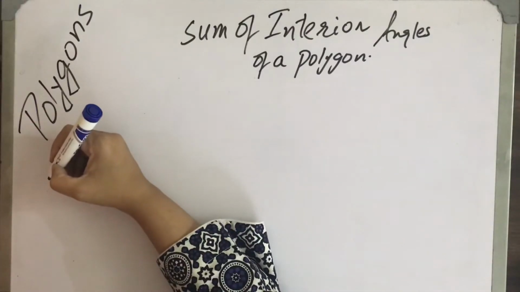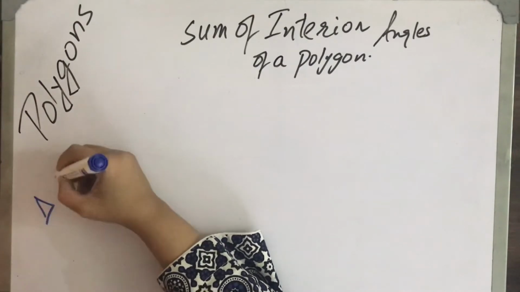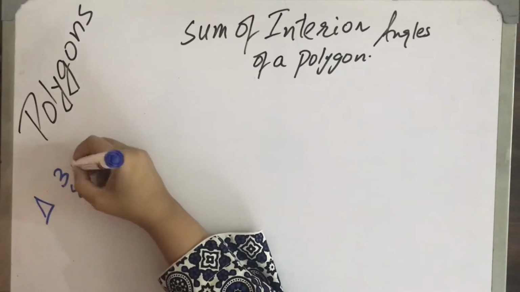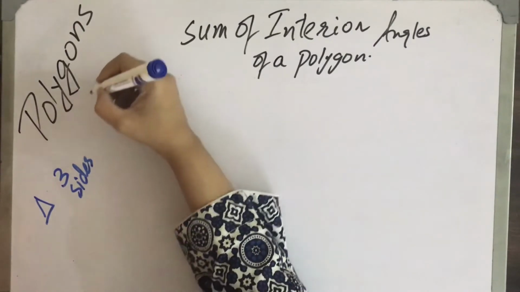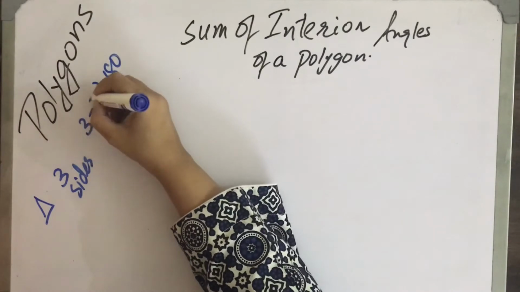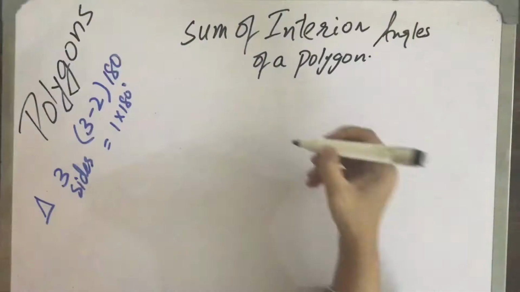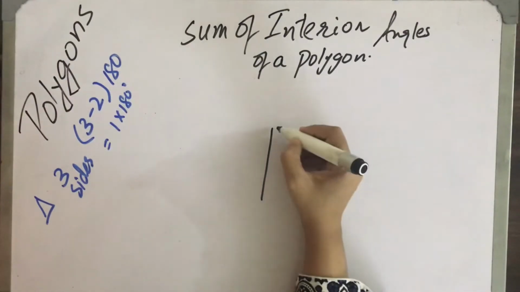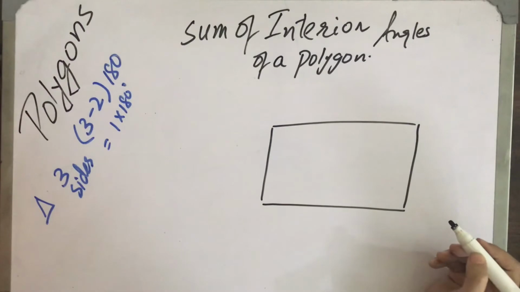So if I briefly write this fact, I shall write that a triangle has three sides, and the sum of the interior angles of a triangle will be 180, that is (3 sides minus 2), 1 into 180. Now if we go for quadrilaterals, if I draw here a rectangle, you know all four angles of a rectangle are 90 degrees.